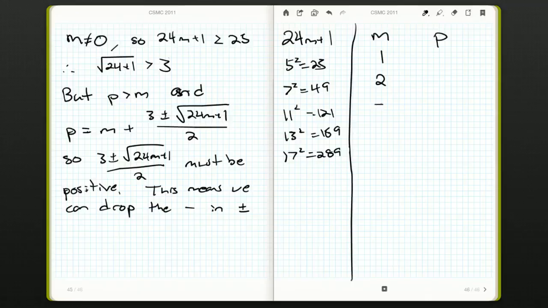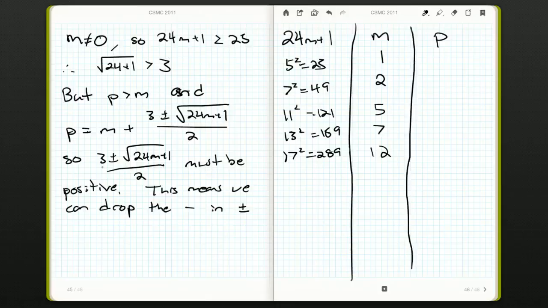Yeah, it's 5. That's kind of odd. I don't know why it skipped over. 168 divided by 24. That's 7. 289 minus 1 divided by 24. That's 12. So we're starting to get a whole bunch of sort of really random values for m, and values of p that will work.